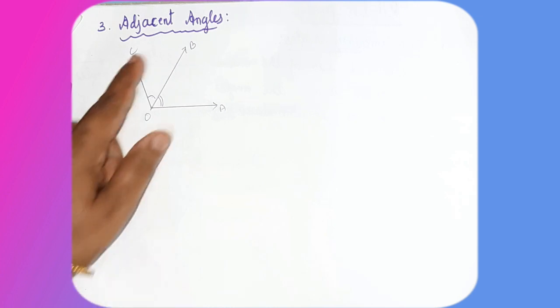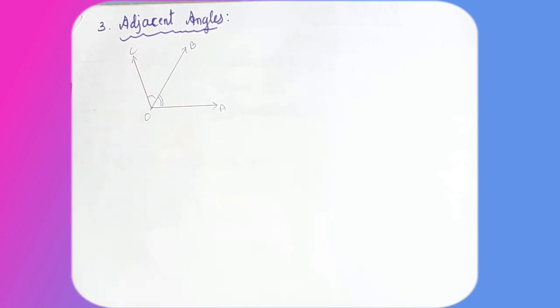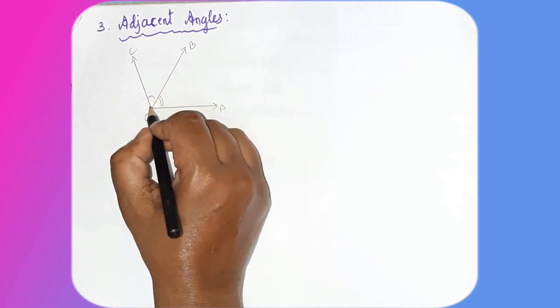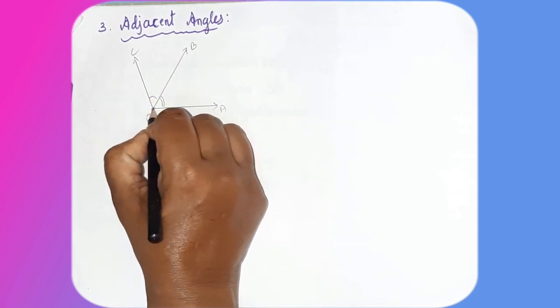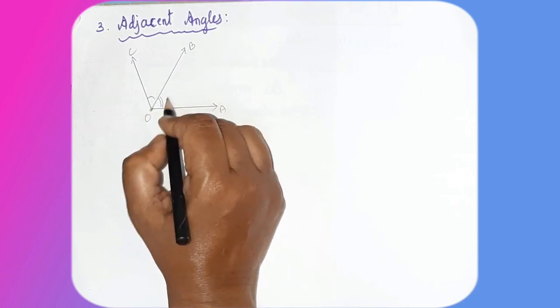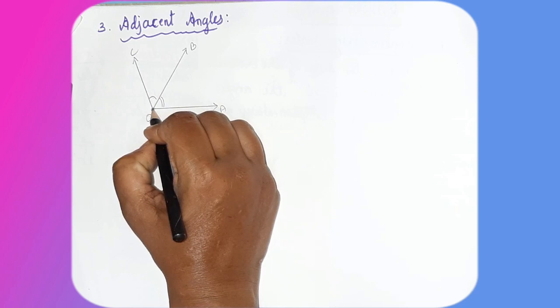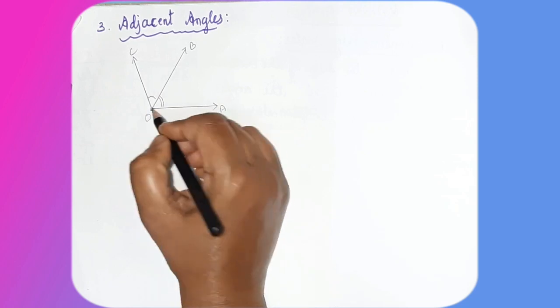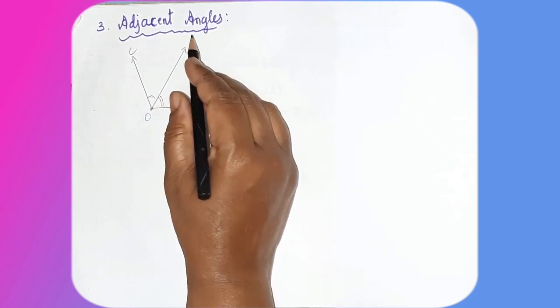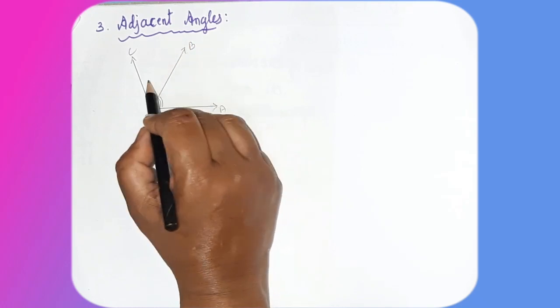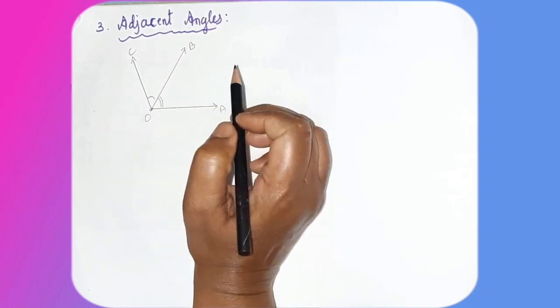Adjacent angles, according to the definition, have a common vertex. This is the vertex, one point is common. All three rays are formed from this vertex only. Common vertex, and a common arm. This OB is the common arm for this angle and this angle.